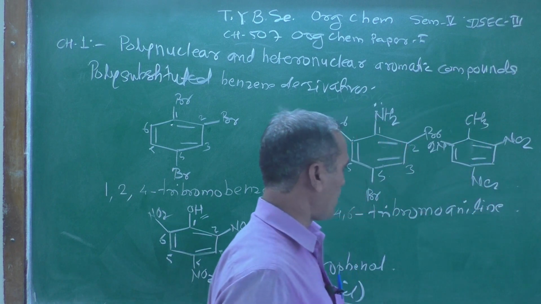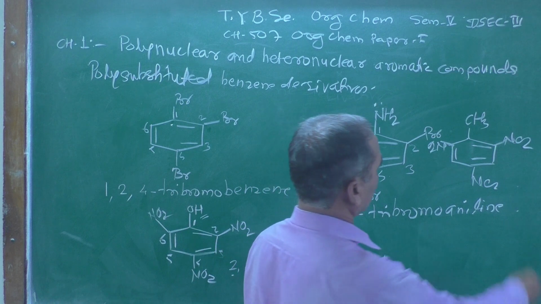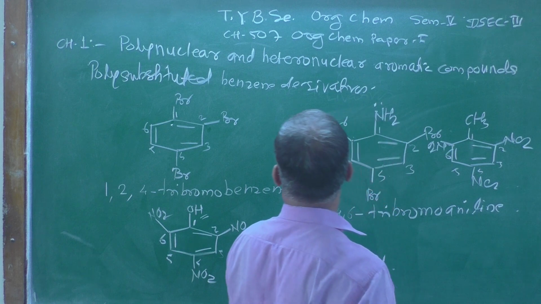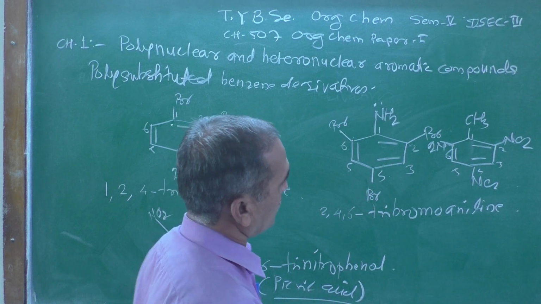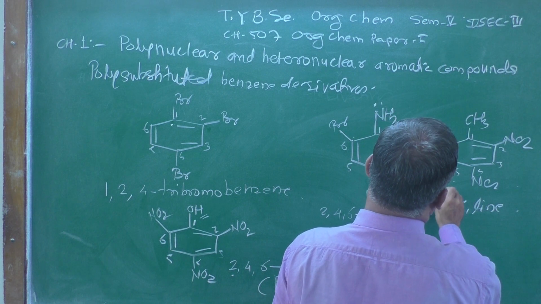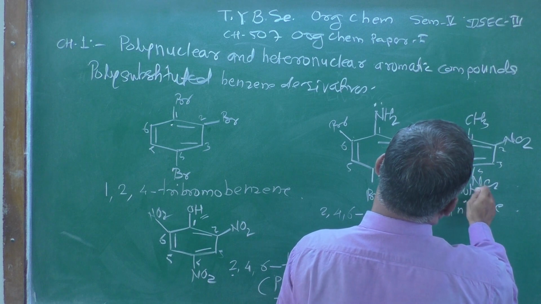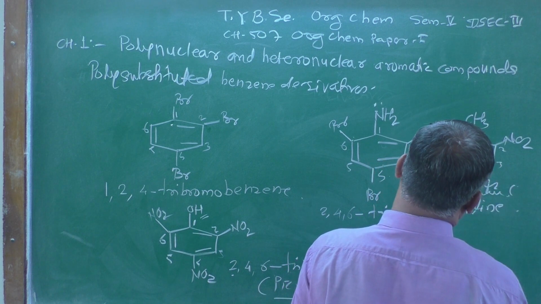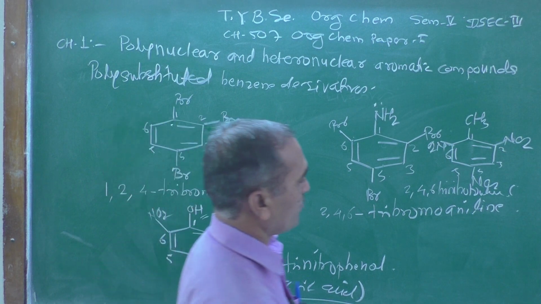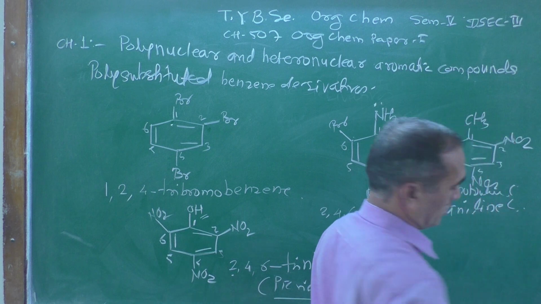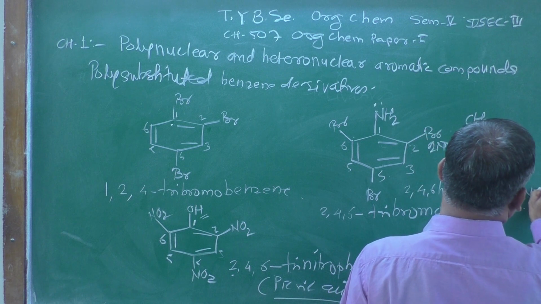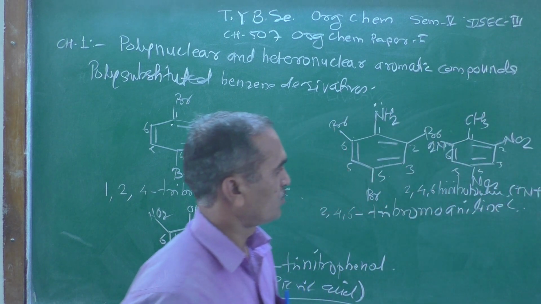The name of this compound, look at it once again, 1, 2, 3, 4, 5 and 6, polysubstituted benzene, and therefore the name of this compound is 2,4,6-trinitrotoluene, or the common name is TNT.